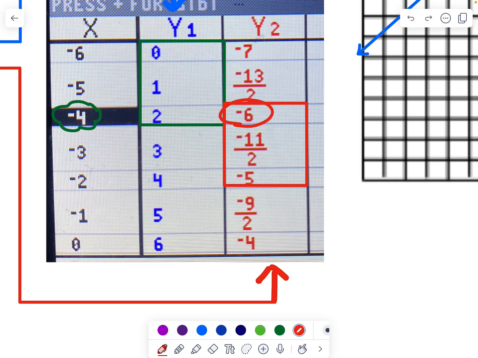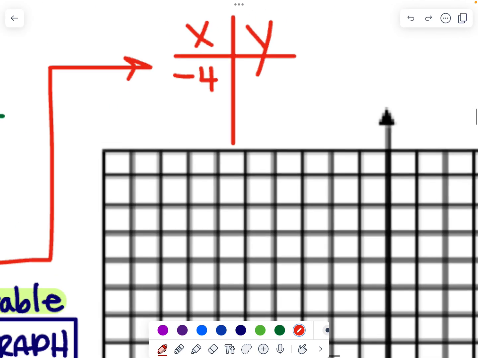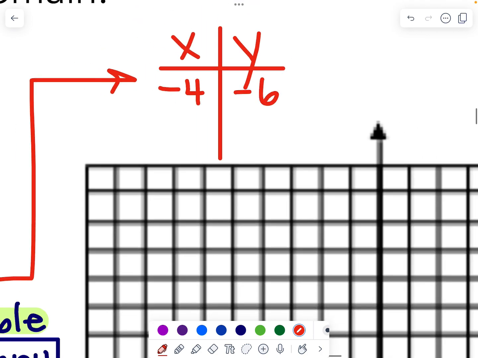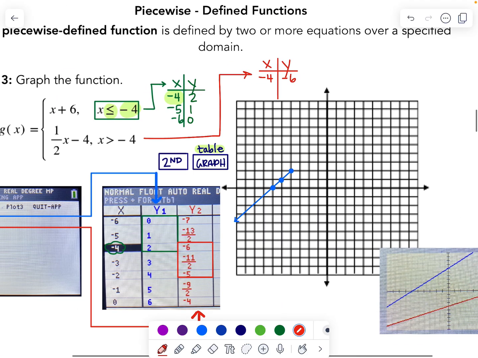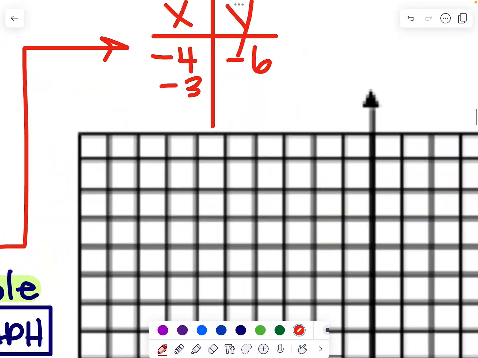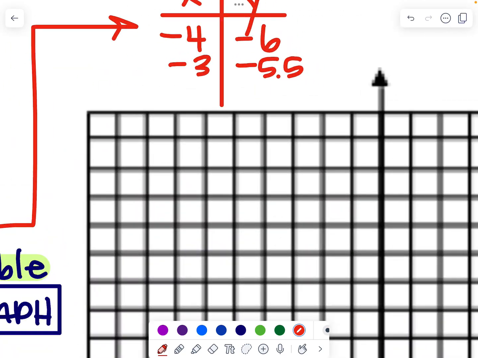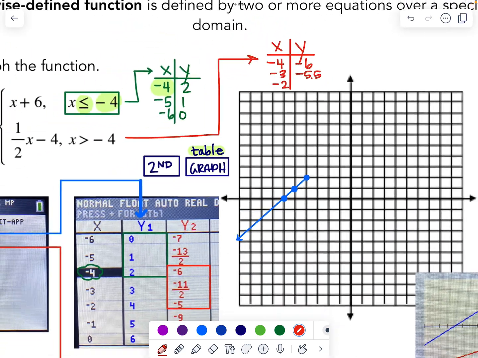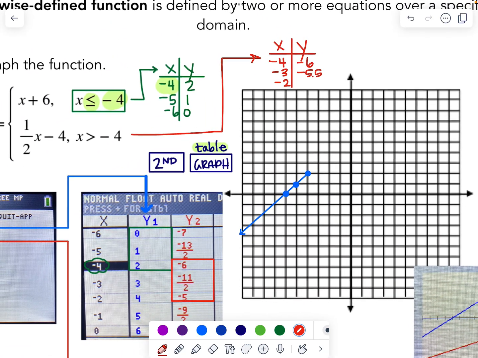So we would maybe do negative 4, negative 6. We for sure need that one because that's where the domain for the part of the graph we're keeping starts. And then you can go ahead and put the others in there. If you want negative 3, negative 11 halves, which is the same as negative 5.5. And then we have negative 2, negative 5.